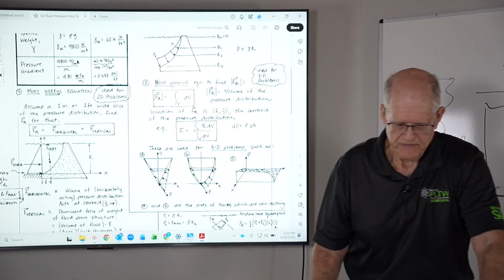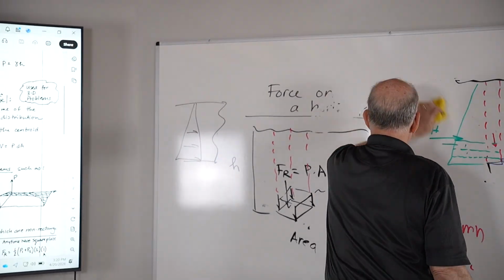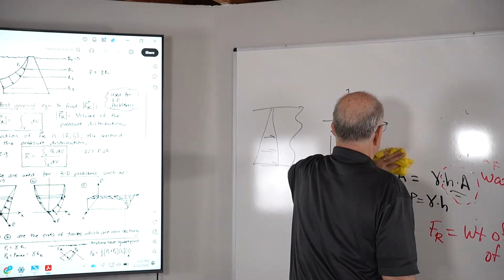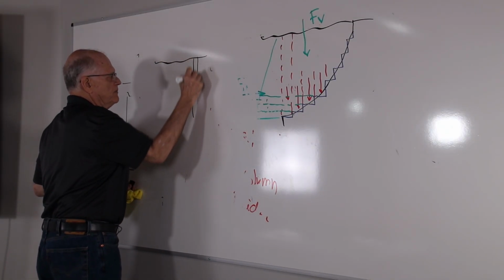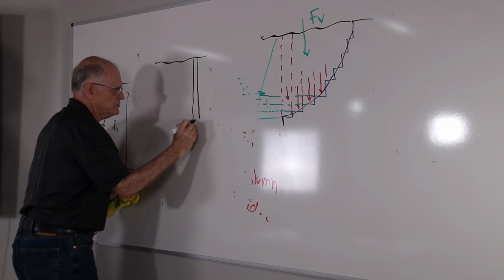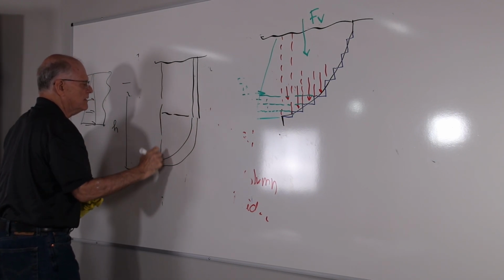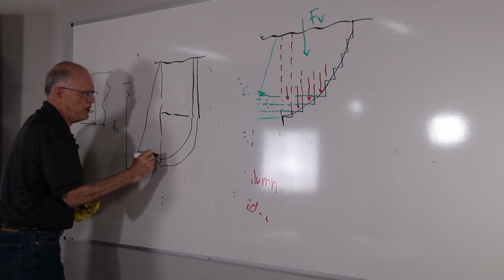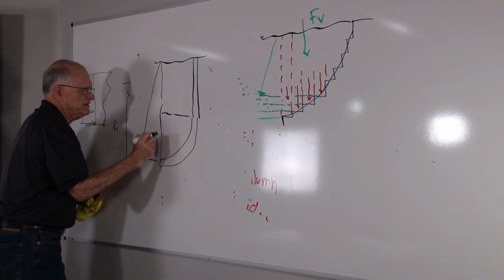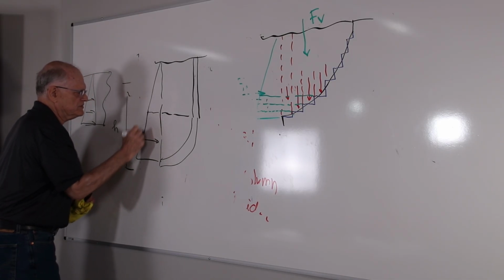If the curve is submerged, so if this is your free surface, you've got a dam element here, and then you've got a curved surface here. And we're interested in the resultant force just on this part of the guy here. Then we just have a trapezoid here, which is this much.